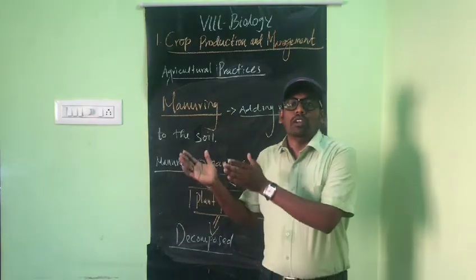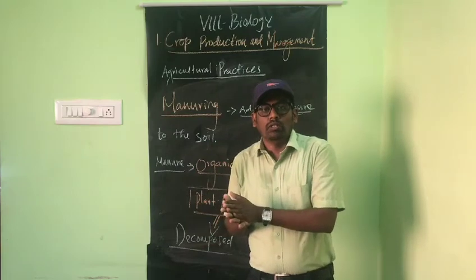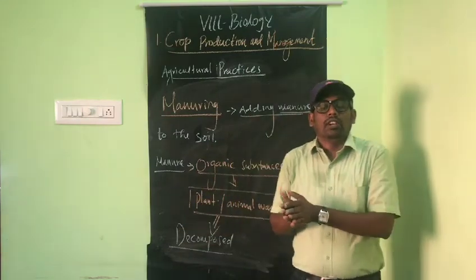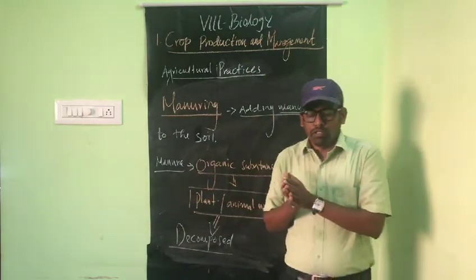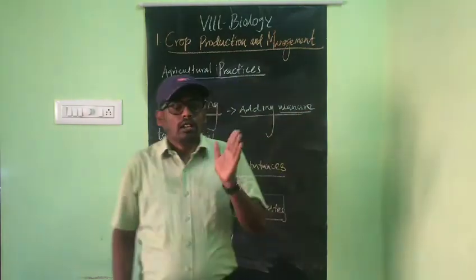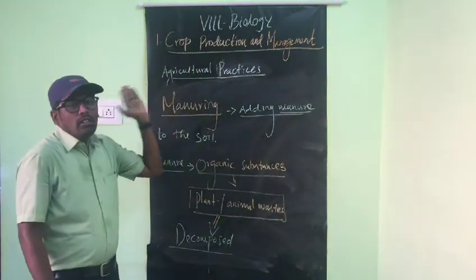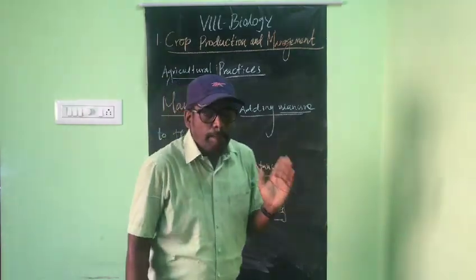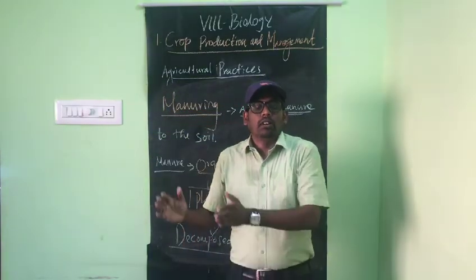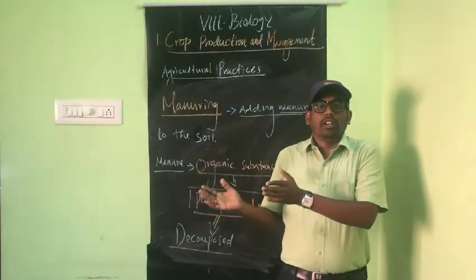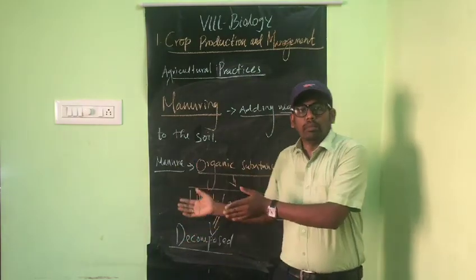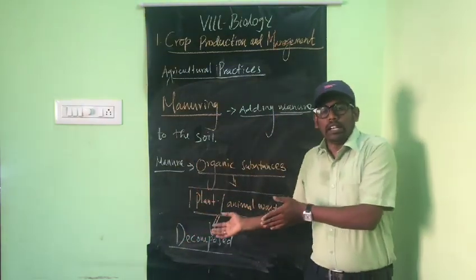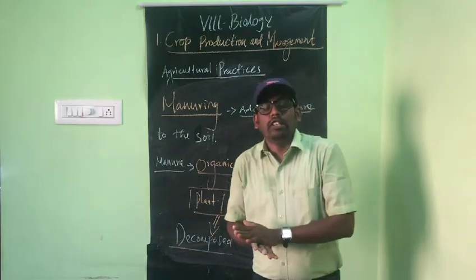So how should the seed be sown? With the proper distance and the proper depth, how to sow, we have discussed. And finally we started the third agricultural practice, that is adding manure and fertilizer. What is manure and what is fertilizer? What is manuring? What is decomposition? So these things we have discussed.